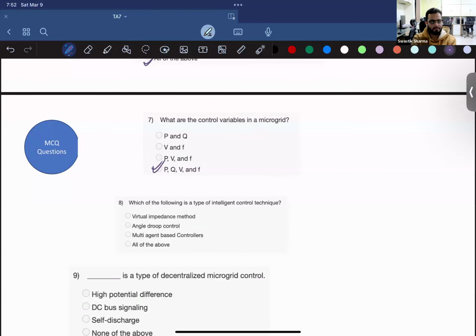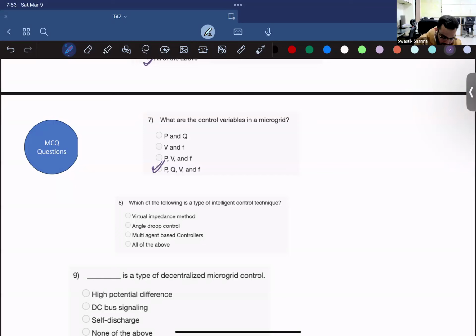Next, which of the following is a type of intelligent control technique? Who can tell me? All of them? Virtual impedance is not intelligent. Angle droop control is something where we just use a well-known formula to treat the inefficiencies of the existing droop control methods.